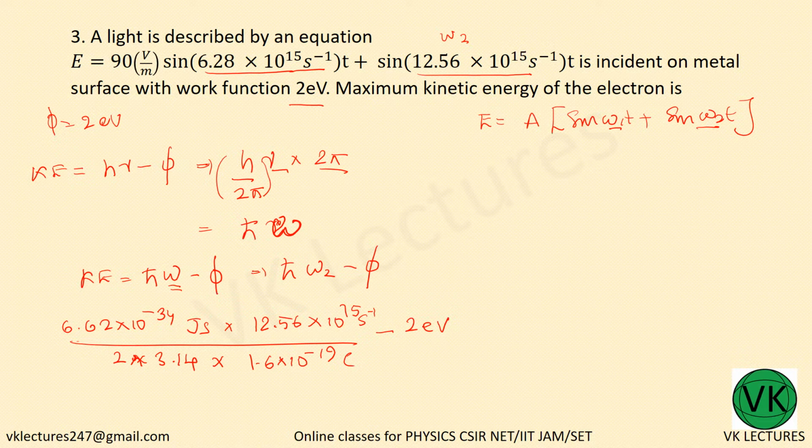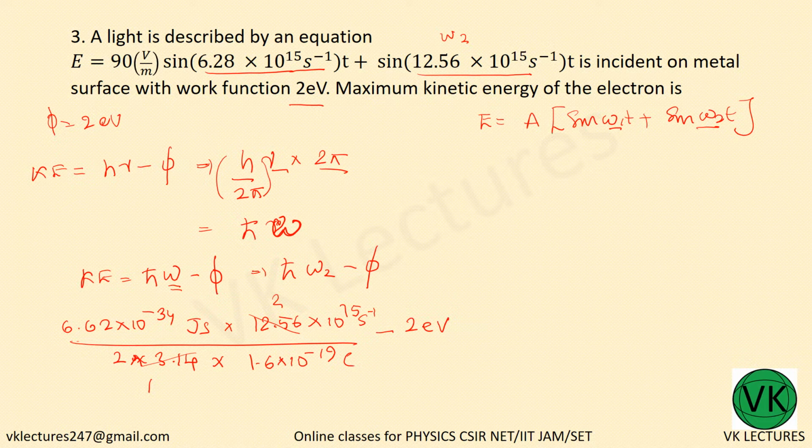So this is 2 into 3.14 into 2.56, which is nothing but 6.28. 6.28, it is twice that number, so one gets cancelled. So 6.6 to 1.6, again that is almost 4. So 10 to the power minus 9.